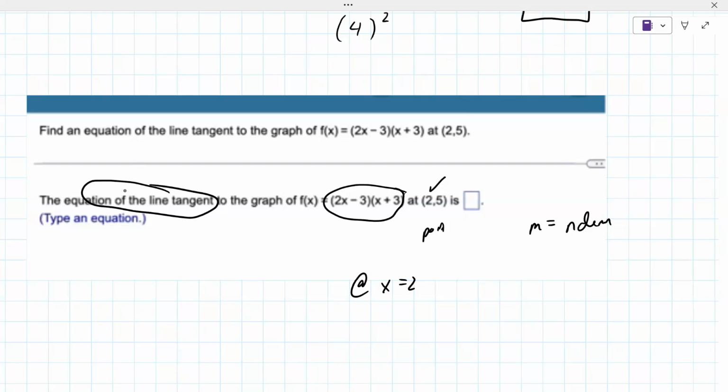I got 11. So the slope is 11. And so it's that same y minus y1, which is 5, equals 11 times x minus 2.